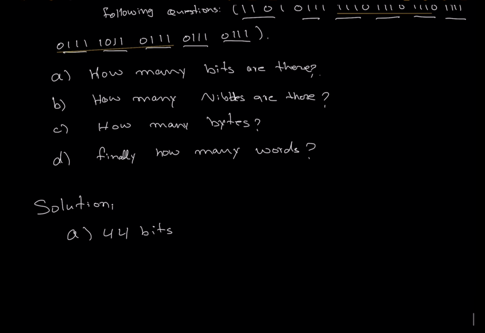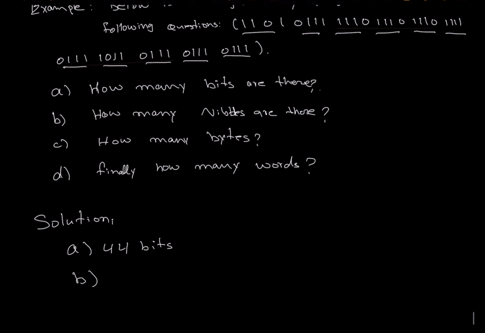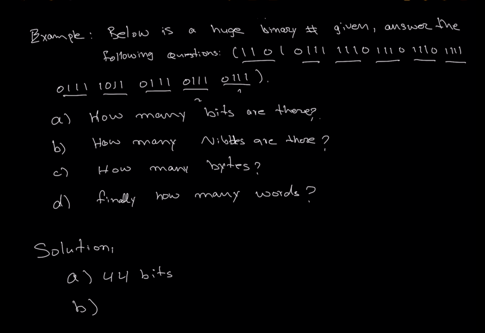Now, how many nibbles are there? For B, one nibble is 4 bits. Since we found 1, 2, 3, 4, 5 nibbles, 6 nibbles, 7 nibbles, 8 nibbles, 9 nibbles, 10 nibbles, and 11 nibbles, we have 11 nibbles.